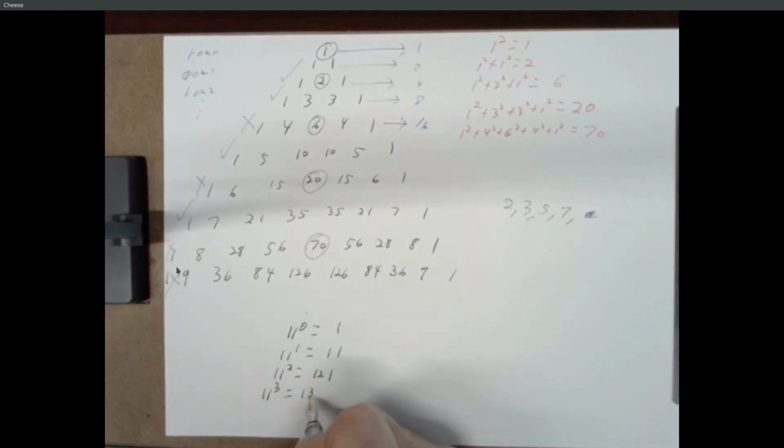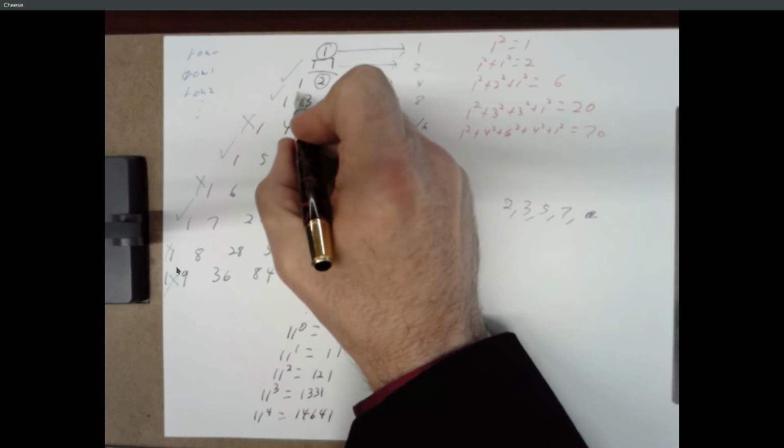Well, you got to do the work. 1331, good. Got your calculator out. Go ahead and do 11 to the fourth. There we go. 14,641. Yay. All right, so what's happening here, right? 1, 11, 121, 1331, 14,641. That's really cool.